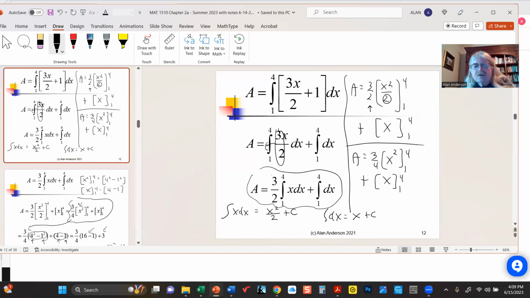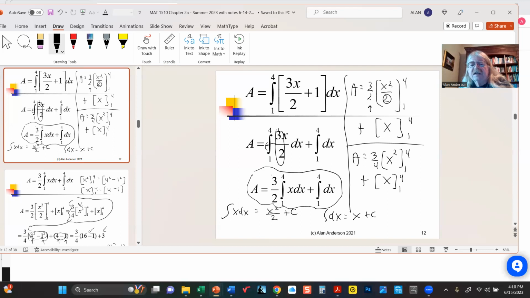So we're going to have A equals 3/2 of the integral of x dx, and then we have the integral of dx. Now, a quick reminder here, the integral of x dx is just x squared over 2. If it's an indefinite integral, we add the c. Here we don't have to worry about that because this is a definite integral. For the dx, the integral of dx is simply x, and for an indefinite integral, this is x plus c. So now what we need to do up here in the upper right-hand corner is evaluate our results.